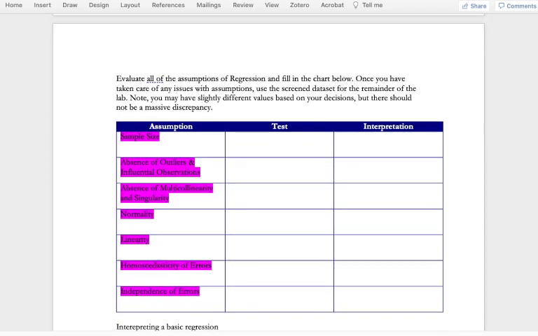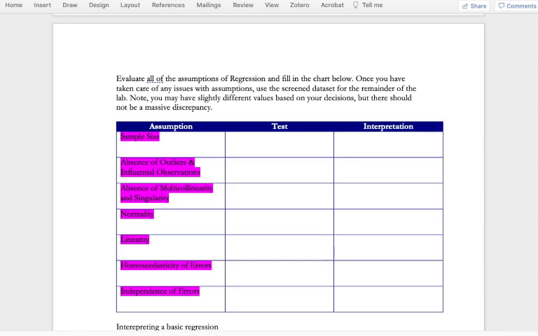Now, I'm not going to go through this with you now. We can talk about it more in lab on Monday. But I'd like you to fill out this table. So put in the test, what you used and the value that you got, or what you saw, and then how would you interpret that?